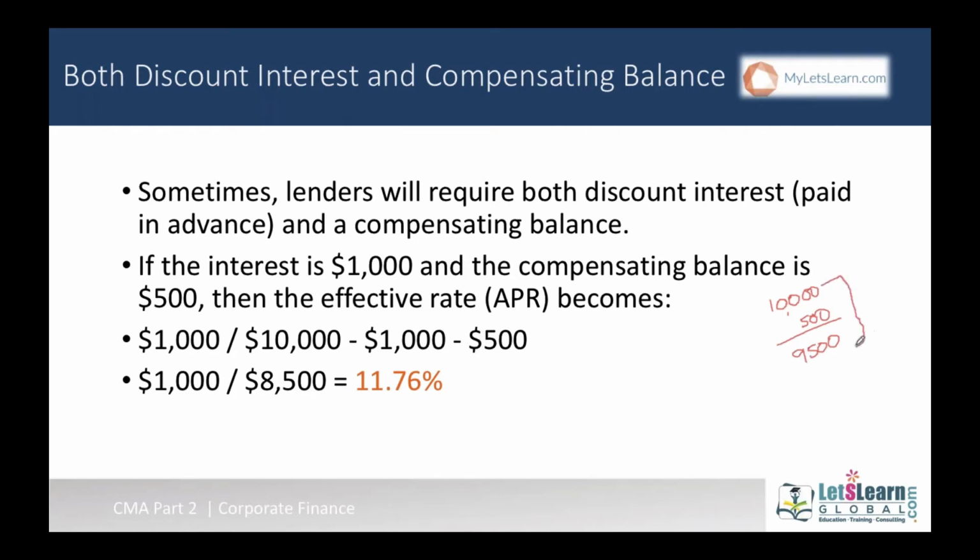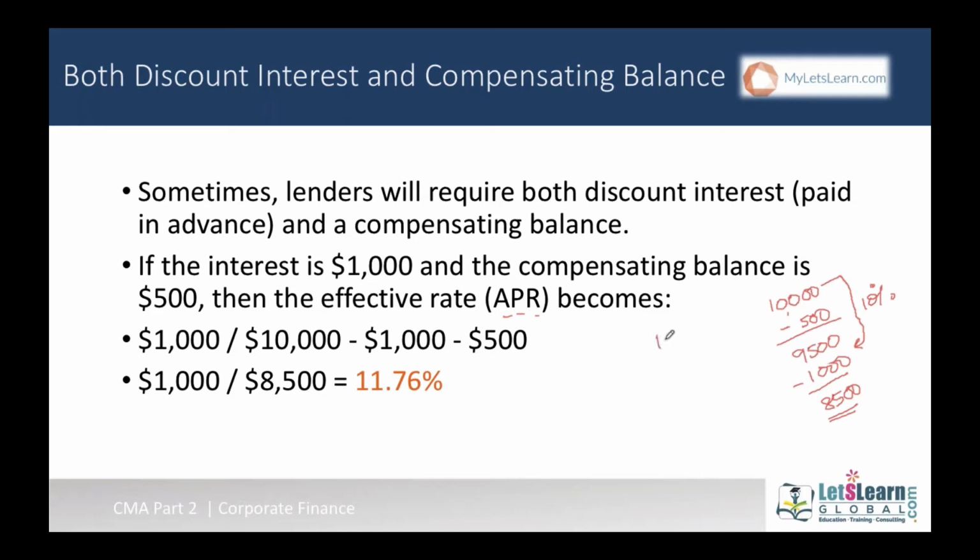This 10,000 is granted at 10% interest, which is 1,000. Even this 1,000 is deducted upfront. So what you receive is 8,500. So the cost of the loan will increase further. The effective rate of interest, the annualized percentage rate, will increase.